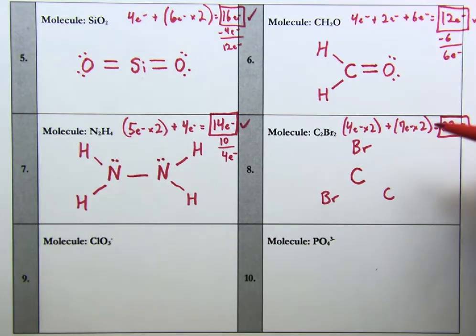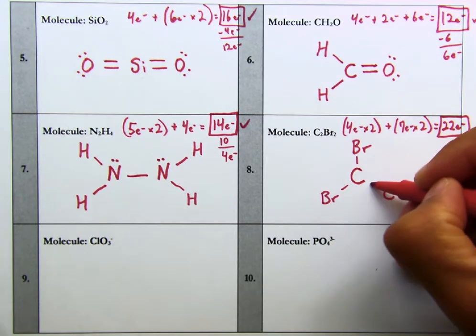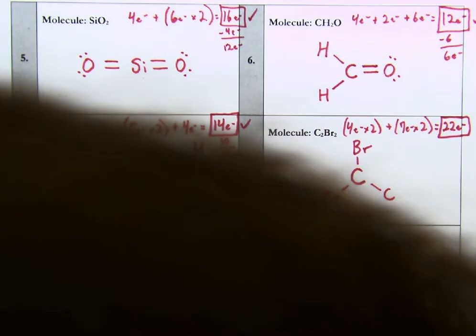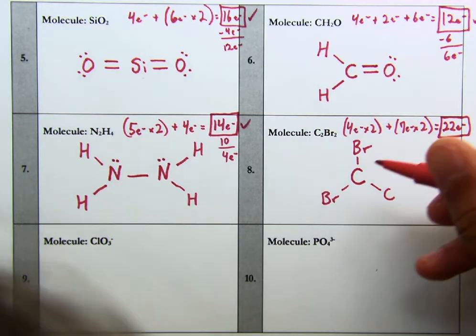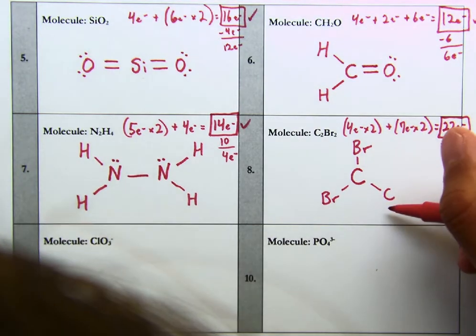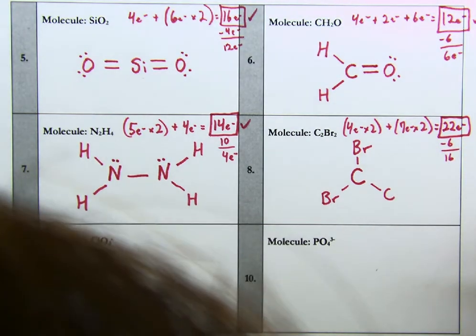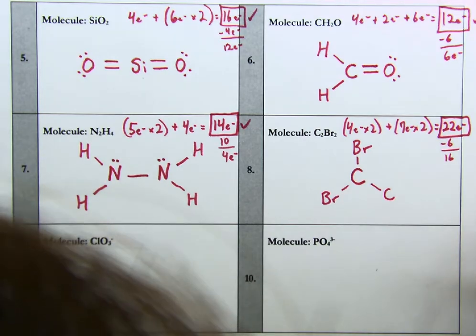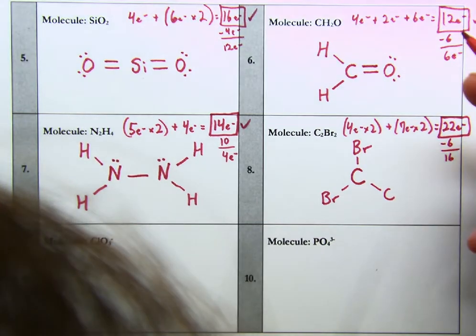But we'll see if we can get a valid Lewis structure. So we'll put a bond here, a bond here, a bond here. Yeah, I might not be setting this one up right.